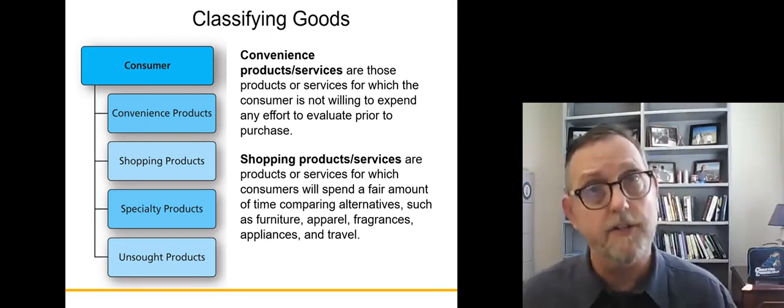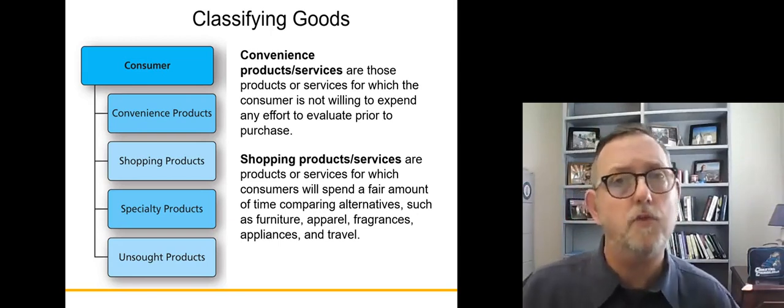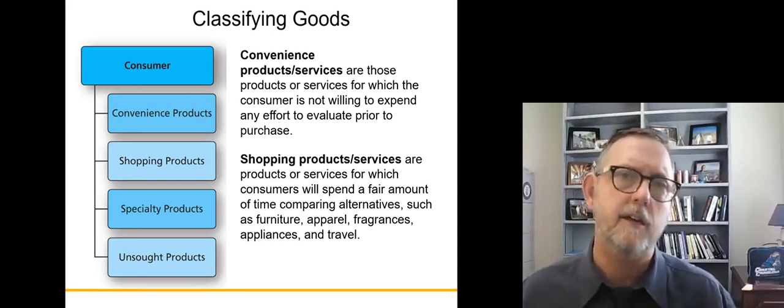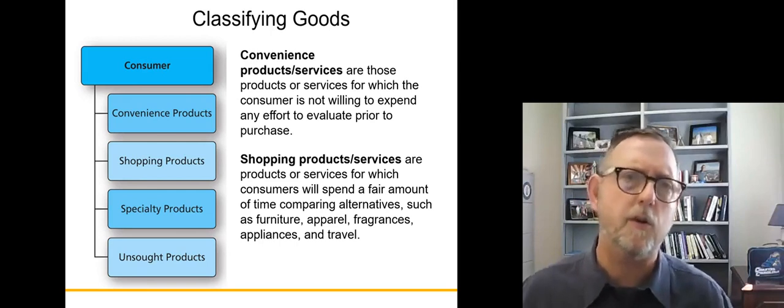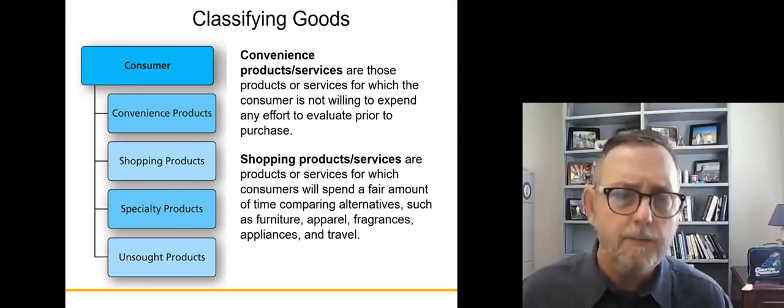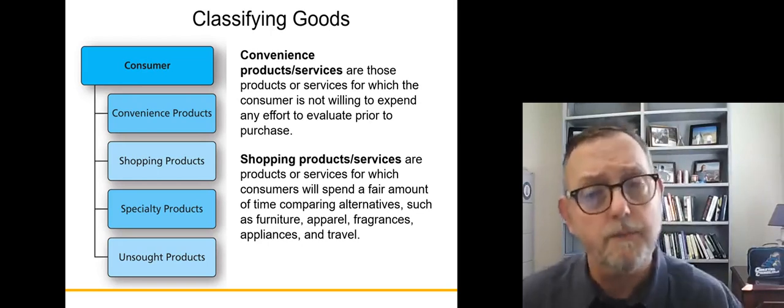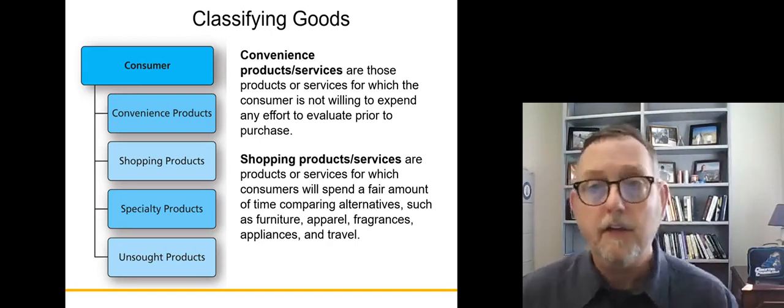When you go to buy a car, you certainly do. You put a lot more effort into that process. You shop around for the product that would make the most sense. So it refers to really the process of shopping, and it's much more involved with a shopping good than you think of for a convenience good.